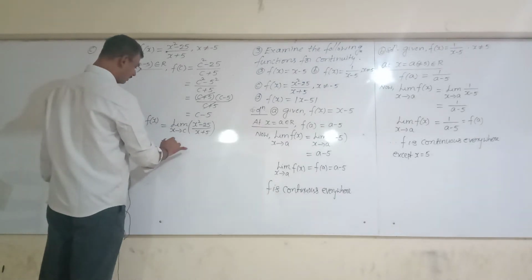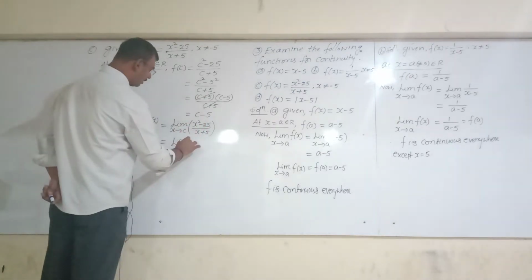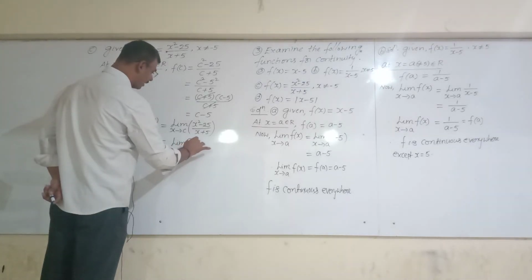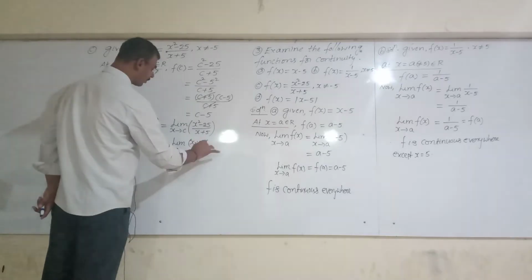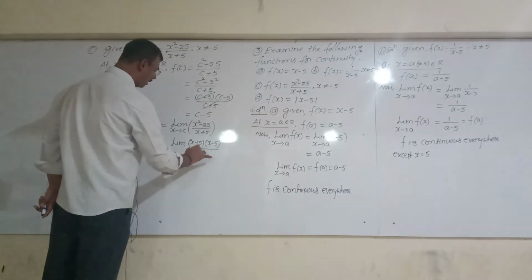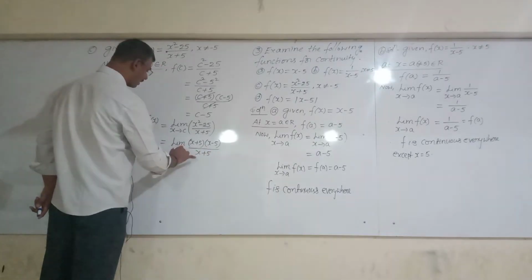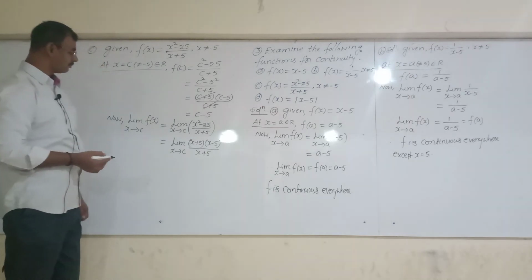This equals limit of, using the formula, x plus 5 into x minus 5 divided by x plus 5 as x tends to c.